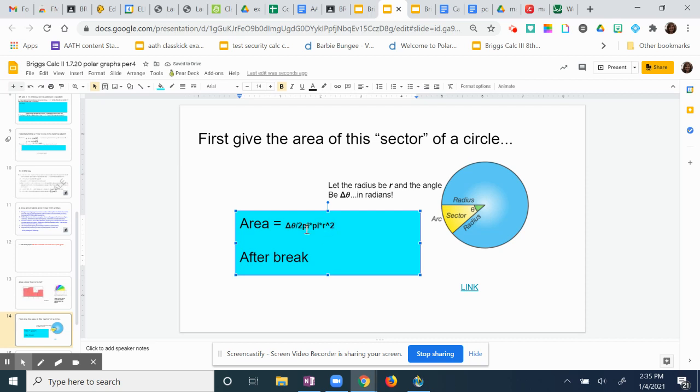So then I get a fraction of the circle's area. Well, look at what's going to happen there. That 2 pi in the denominator underneath delta theta, the pi is going to cancel with this pi when you're multiplying. So those are basically gone. So I just have delta theta divided by 2, times r squared only.